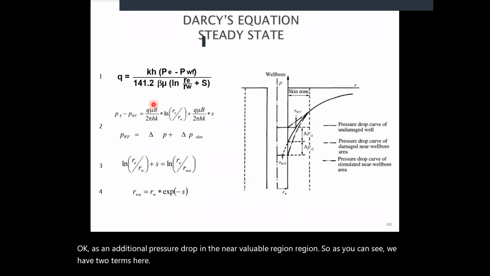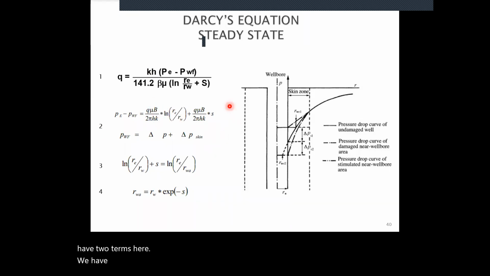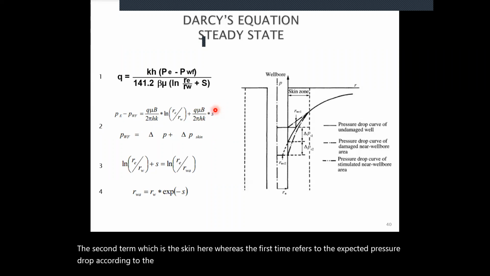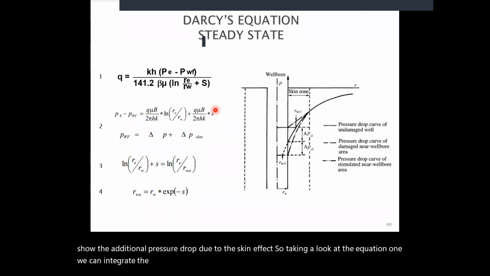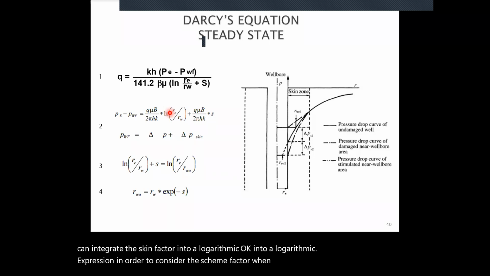We have the second term, which is the skin, whereas the first term refers to the expected pressure drop according to Darcy's law without any damage, and the second expression in equation number 2 shows the additional pressure drop due to the skin effect. Taking a look at equation 1, we can integrate the skin factor into a logarithmic expression in order to consider the skin factor when looking at the relationship of the radii.